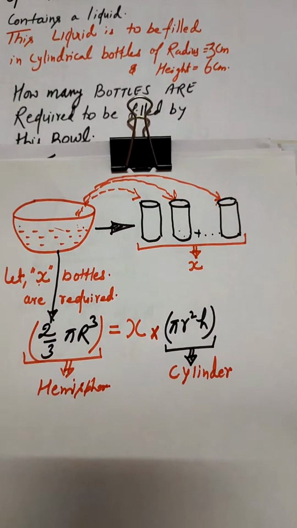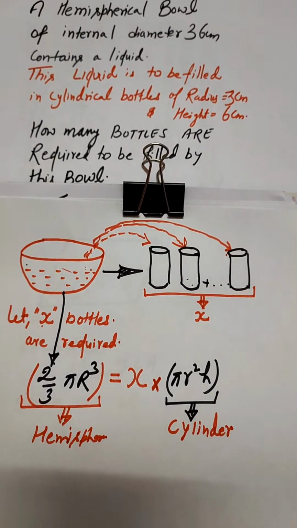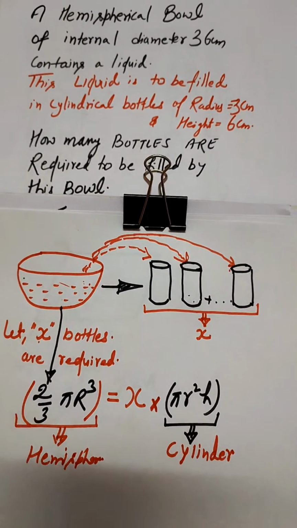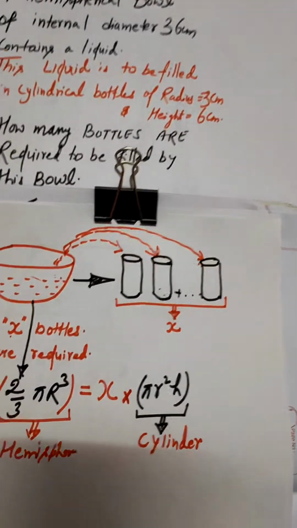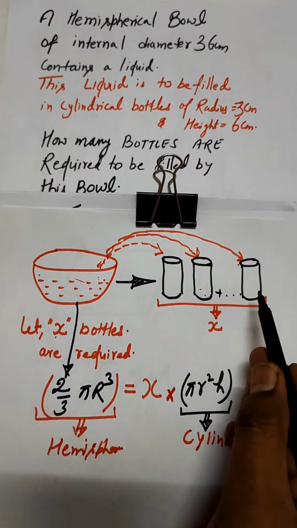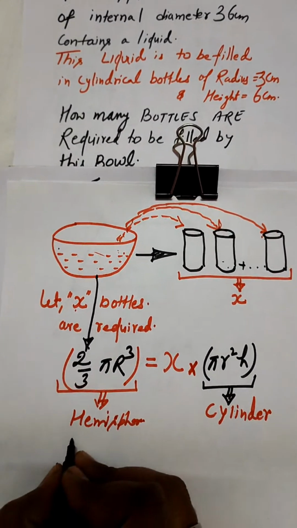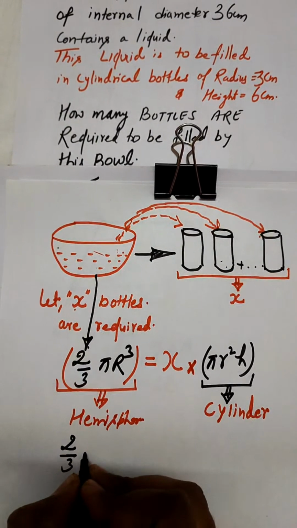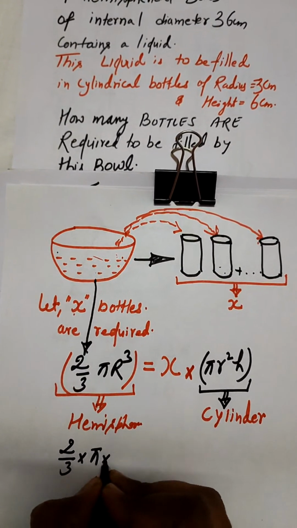Now just put in the values and get the value of x. So the number of bottles required to fill up the entire liquid of this bowl into these cylinders: 2 by 3 pi R cube. What is R?